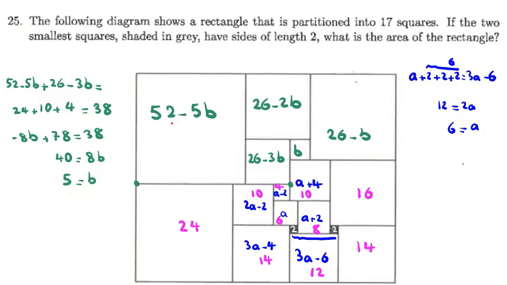Okay, now we want to find this length to find the area of the rectangle. 52 minus 5B, it is what? 5B, 25.